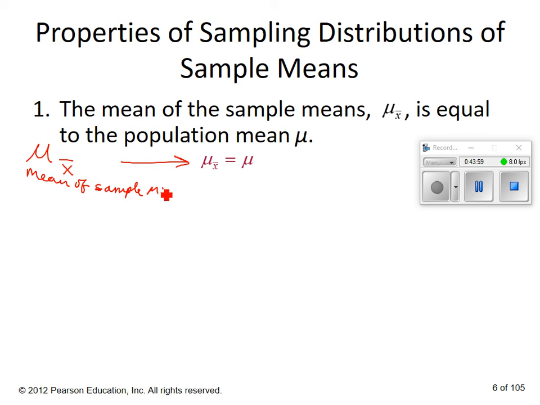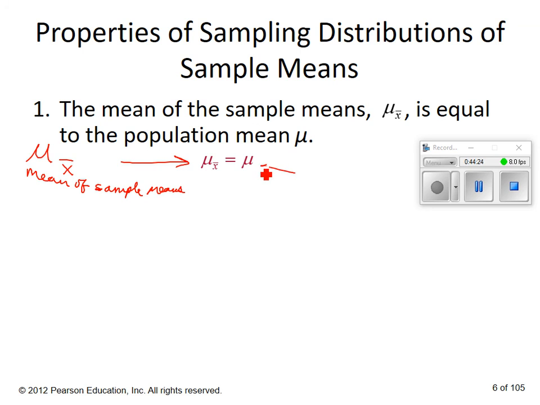Mean of sample means is actually what it is. So remember this is going to be different now. It's mu subscript x bar. But those two should be equal.